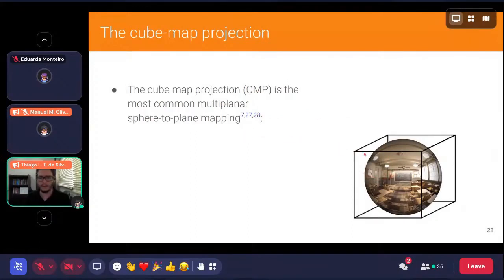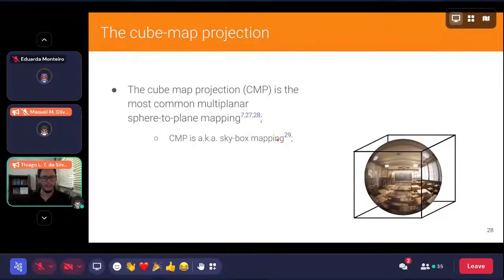The basic idea here is that we can take our sphere, our spherical image represented on the sphere, of course, and put it into, I don't know, a cube that is tight enough to that sphere, and map each portion of the sphere to one face of this cube.